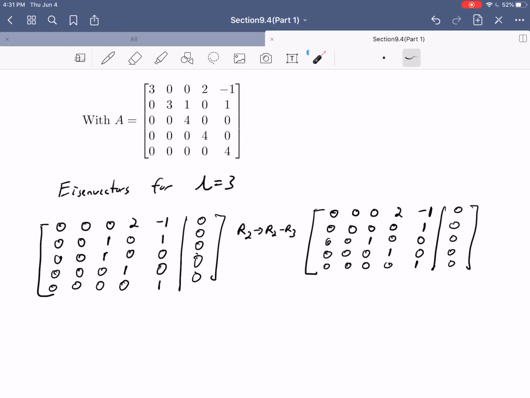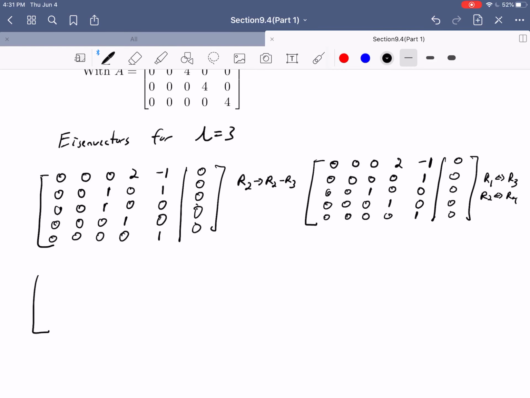Okay, this guy looks to be our first position, so we might want to slide him up to the top. It also looks like it might be convenient if this guy was moved here. So let's do a couple interchanges. Let's interchange R1 and R3, and let's also interchange R2 and R4. So if we do that, we should have 0, 0, 1, 0, 0.